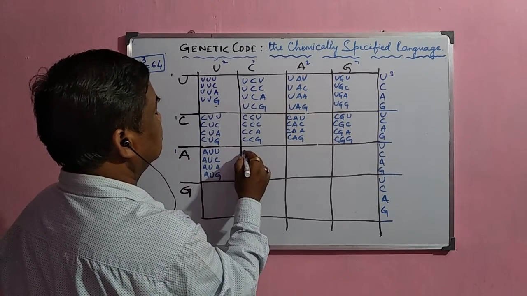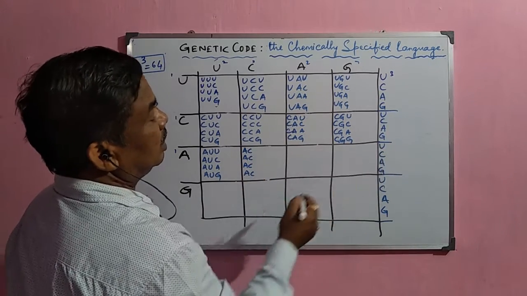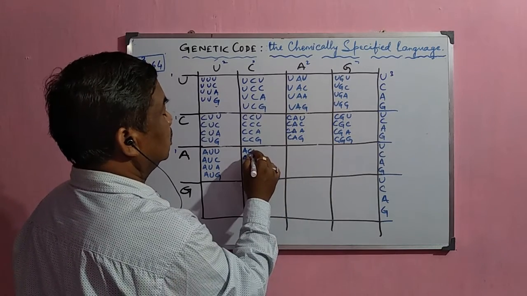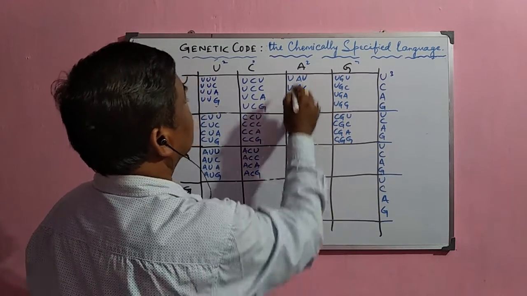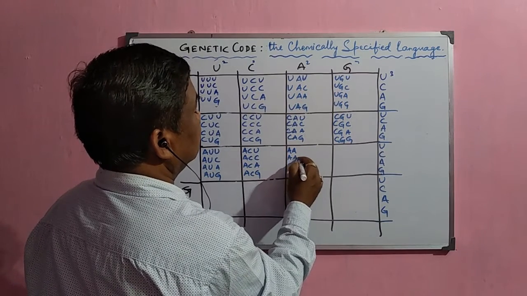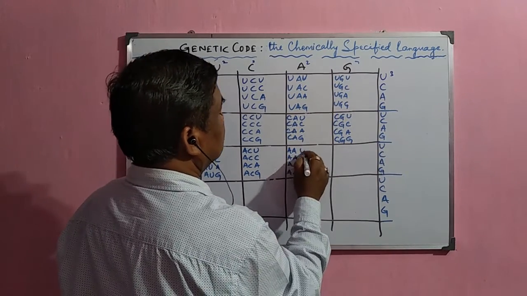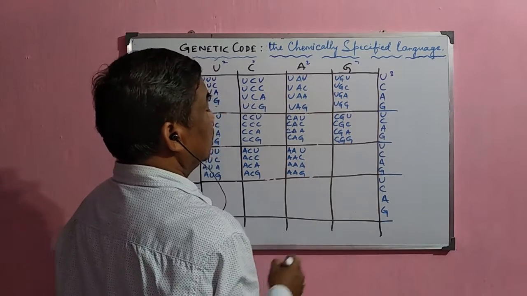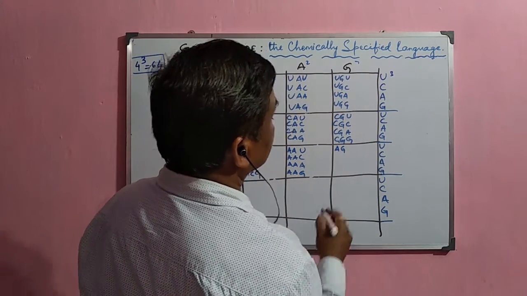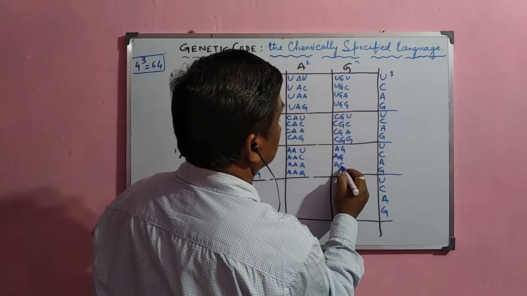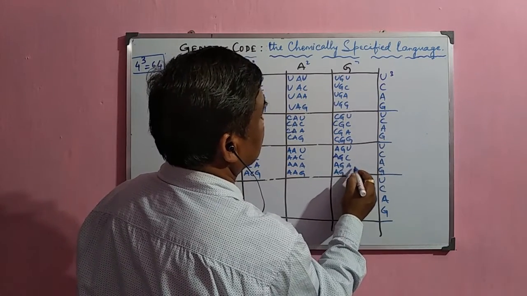The first one is A, then C, so it is AC, and the third base will be U, C, A, G. Now in this box, the first one is A, then the second one is also A, so it is AA, and the third nitrogenous base will be U, C, A, and G. Now in this box, the first one is A, the second one is G. The first and second are constant, that is AG, and the third base will be U, C, A, and G.